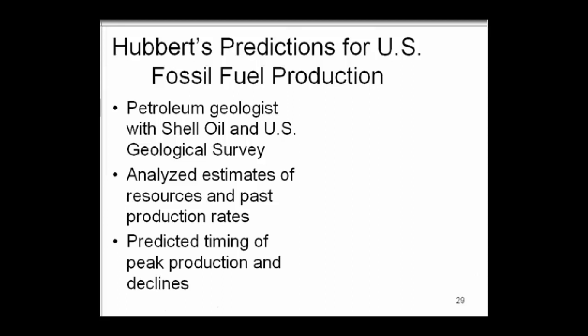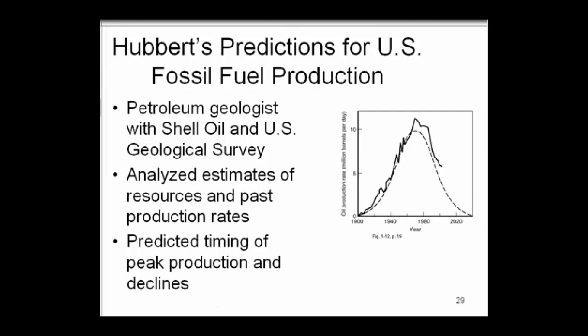And he predicted that there would be a peak of production and then gradual declines over time, and came up with estimates of the timing of those peaks both for U.S. production and for world production. For the U.S. production, he estimated it would occur during the 1970s, and in fact that proved to be very true.